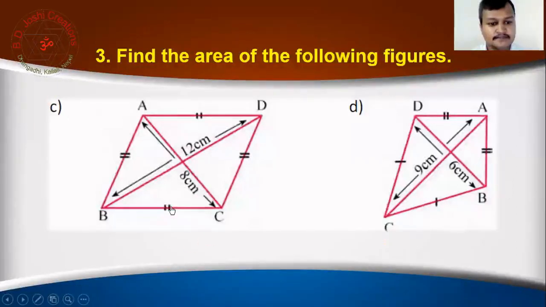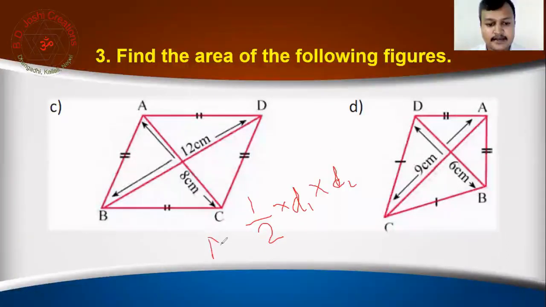Question number 3C and 3D are both included here because for both, for rhombus as well as for kite, the formula for area is the same, that is 1/2 into d1 into d2. Here d1 and d2 mean the lengths of the two diagonals.